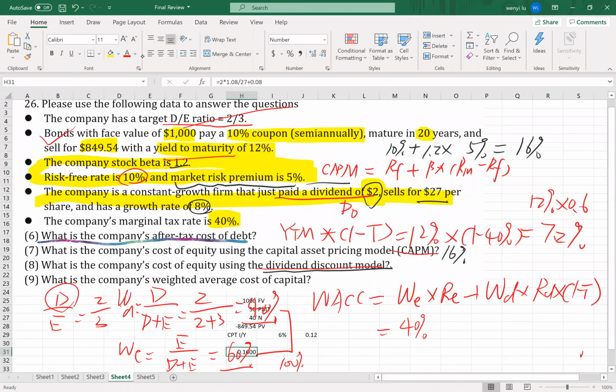So the weight of equity times the cost of equity, which you solved earlier, will be 16%. Sorry, I used the wrong number, the weight of equity should be 60%.